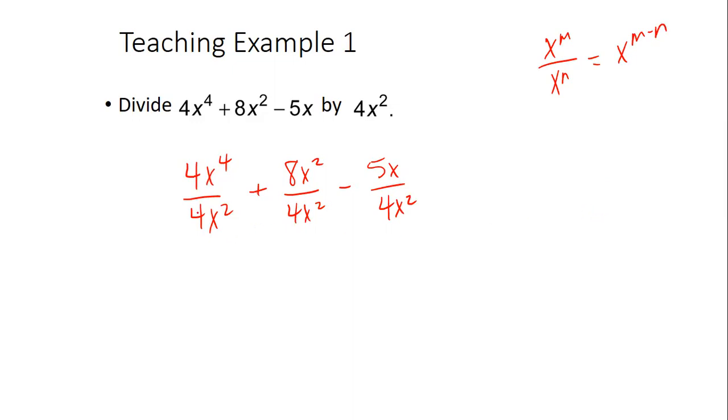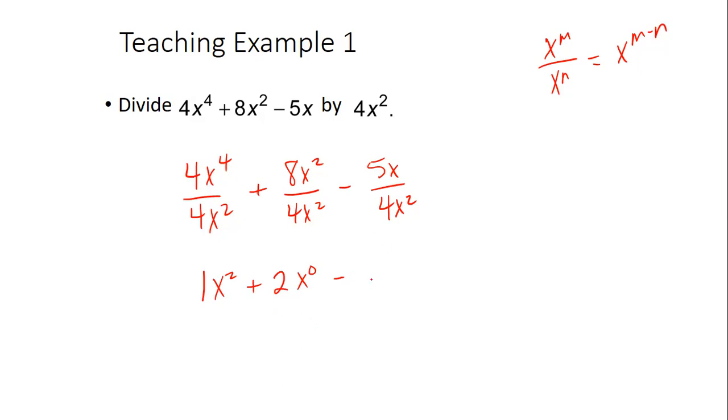Okay, so 4 divided by 4 is 1, right? x to the 4th divided by x to the 2 means I'm doing 4 minus 2, which is 2. 8 divided by 4 is 2. 2 minus 2 is 0. Is it necessary for me to write that? I am, just so that you can see it.